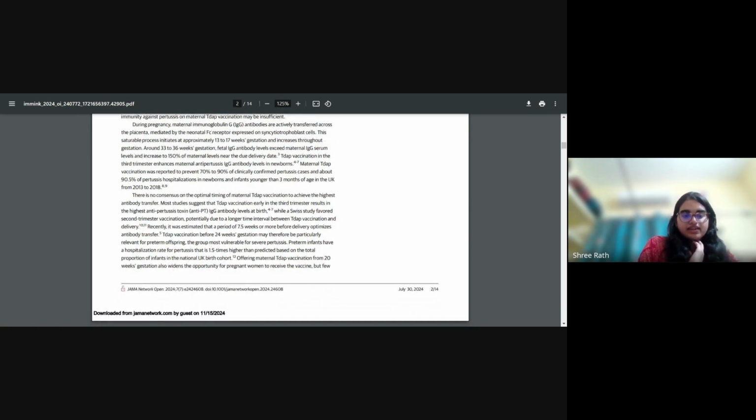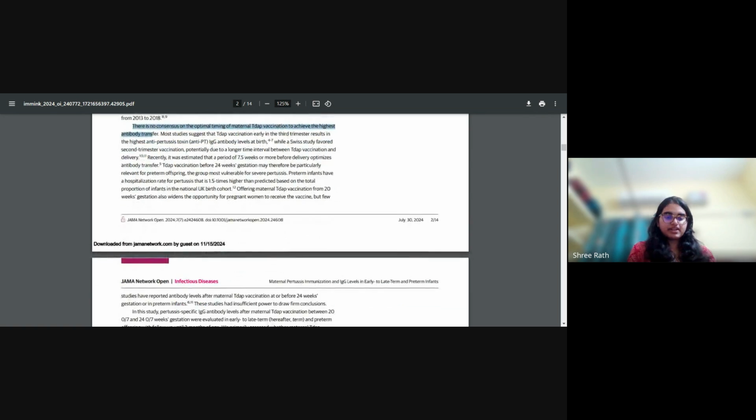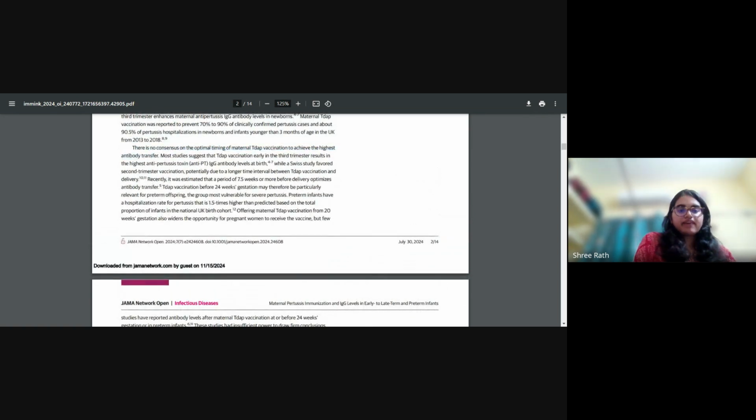And then finally, they've highlighted the past literature as well as presented the gap in literature. They state there's no consensus on the optimal timing of maternal Tdap vaccination.